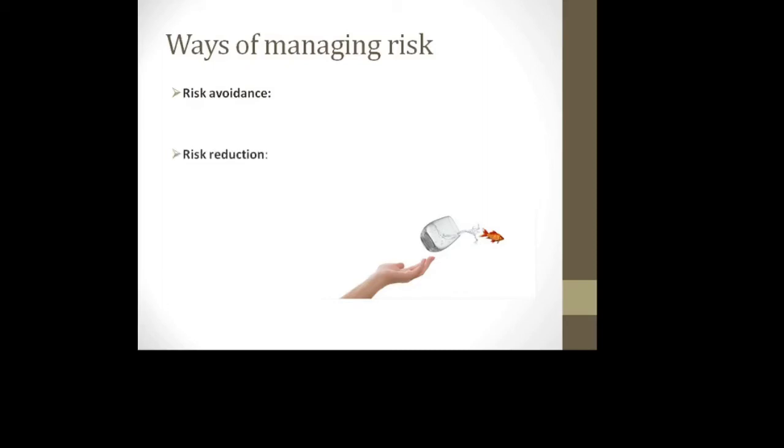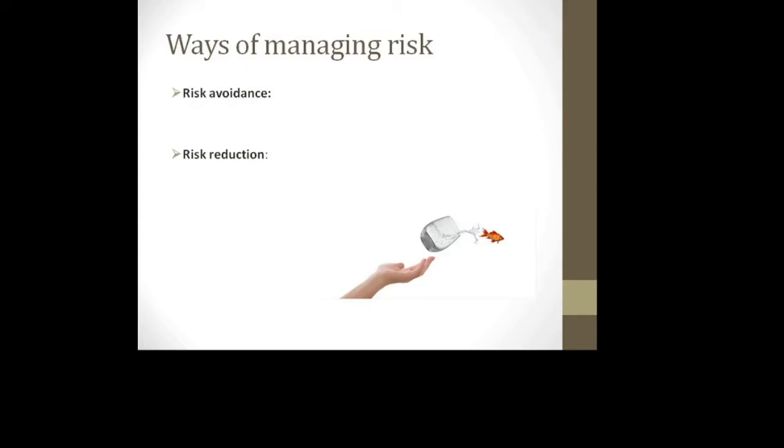Next is risk reduction. In risk reduction, companies are sometimes able to reduce the effect that certain risks can have on company processes. This is achieved by adjusting certain aspects of an overall project plan or company process, or by reducing its scope.